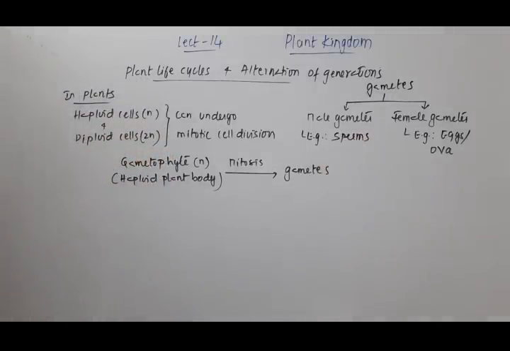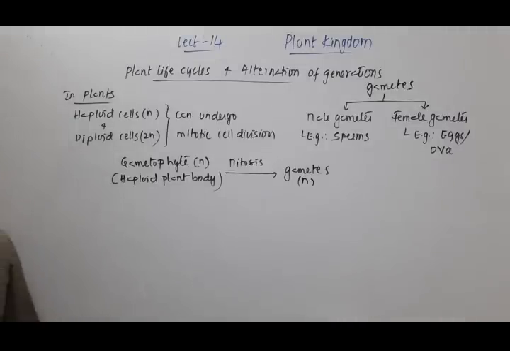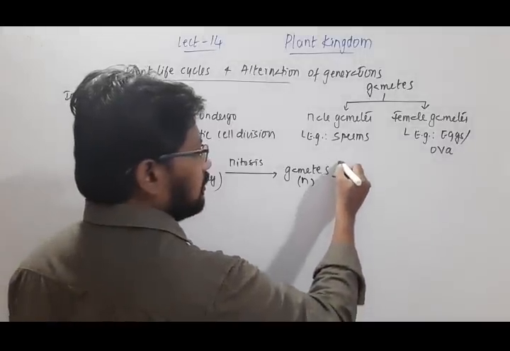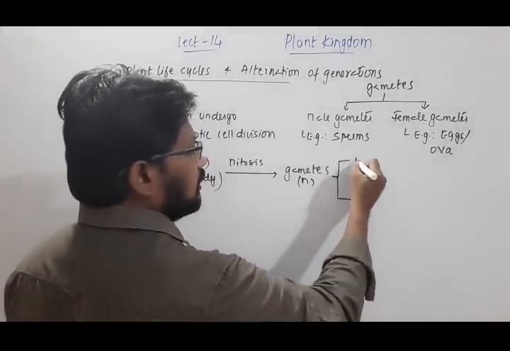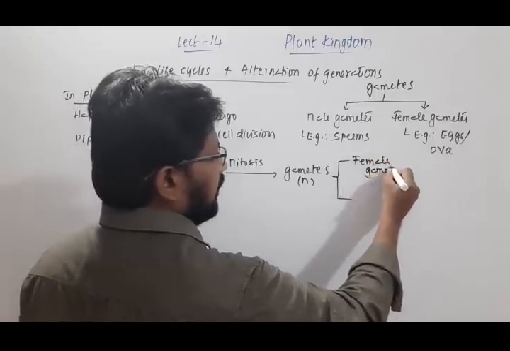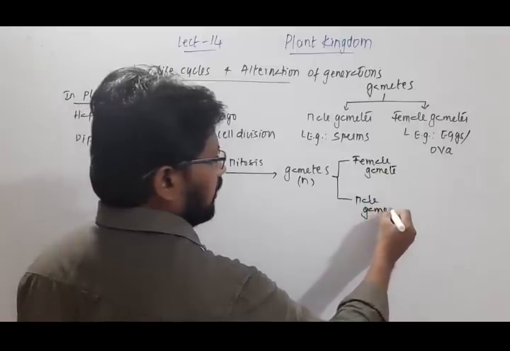So the male gametes and female gametes we can see here. The male gametes will also be haploid, and the female gametes are haploid too.